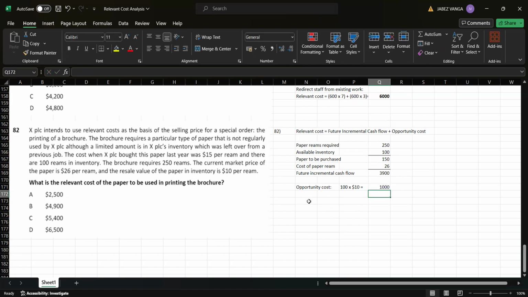So relevant cost is equal to the sum total of these two items, which is 3,900 plus 1,000. 4,900, and the answer is B, 4,900.